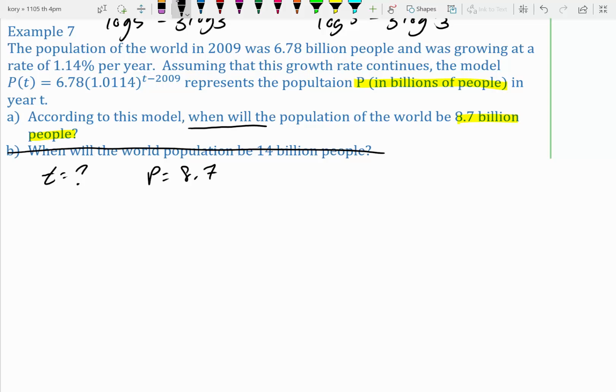Let's plug this into our formula. We have 8.7 equals 6.78 times 1.0114 to the power of t minus 2009.